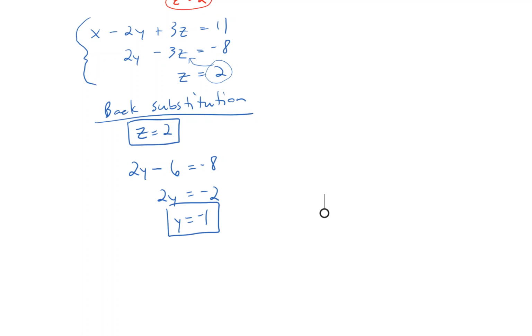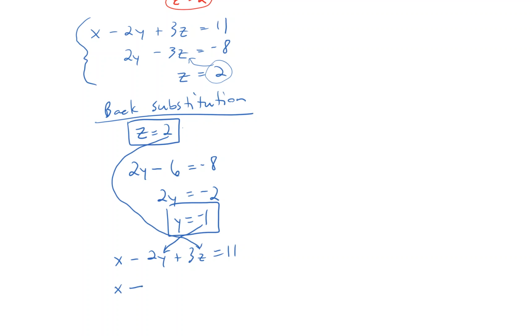Now I back up and I go to row 1 and I substitute these guys, z equals 2, y equals negative 1, into row 1. So let me copy row 1 back down. x minus 2y plus 3z equals 11. And then I plug y and z in.